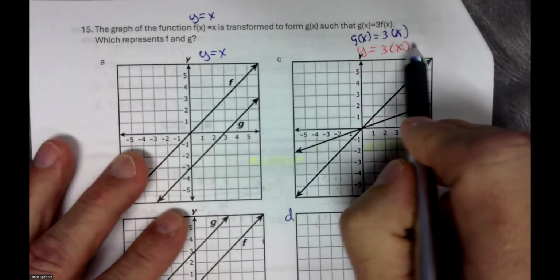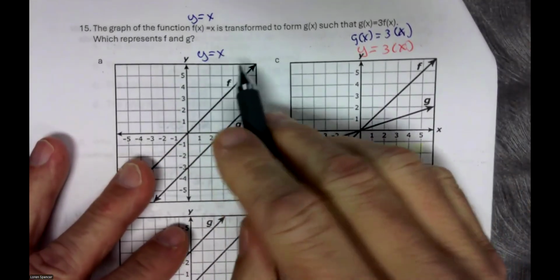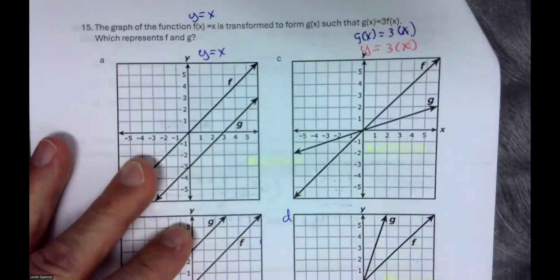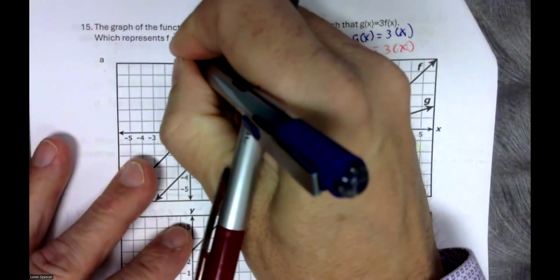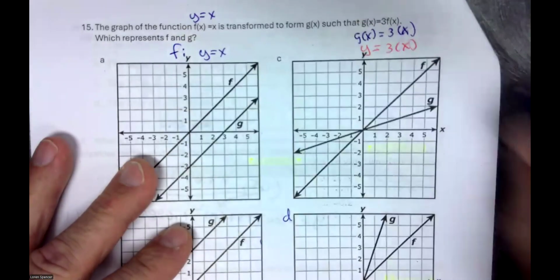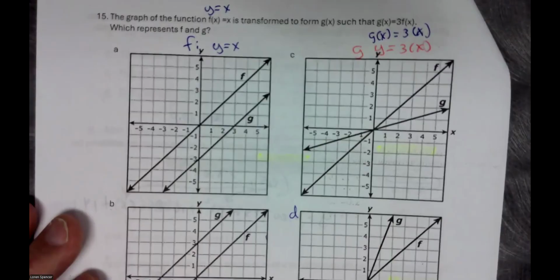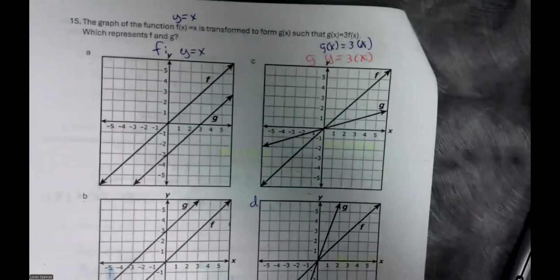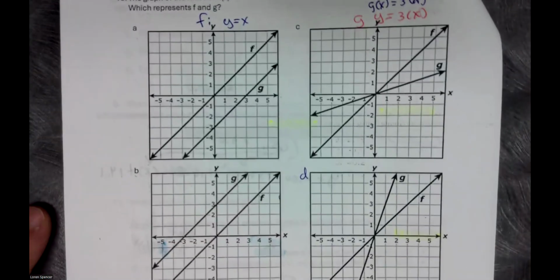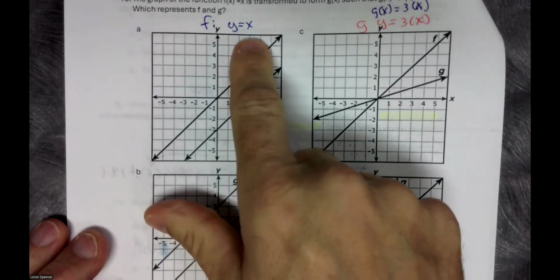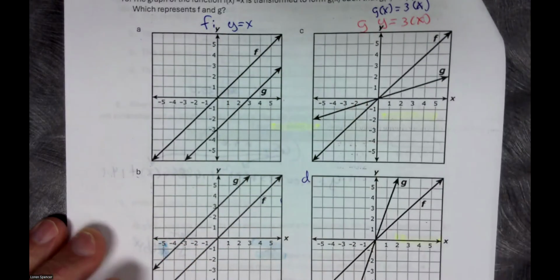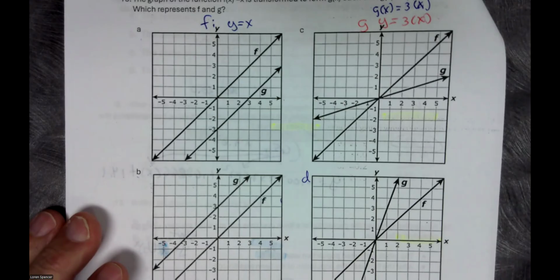So let's go to Desmos and graph those two equations. We know this one represents f, and this one represents g, and we want to keep track of those because otherwise this will get confusing. I'm going to zoom out a little bit, adjust my camera, and we're going to go y equals x and y equals 3x and see what happens when we go to Desmos with that.